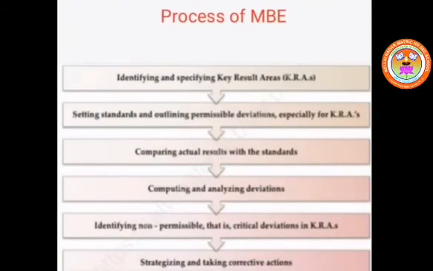Next, the process of MBE. The process of MBE should follow 6 steps.